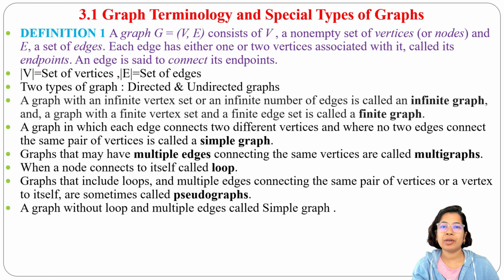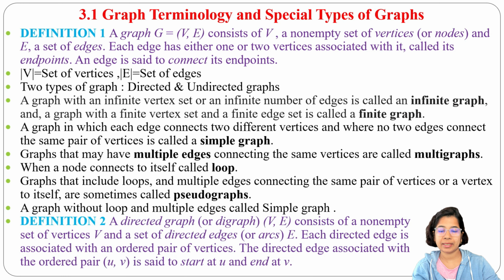Now the definition for directed graph. A directed graph contains directed edges. So a directed graph, or shortly called a digraph, (V, E) consists of a non-empty set of vertices V and a set of directed edges, or called arcs. Directed edge means there is an arrow mark on the edge. It's called an arc.